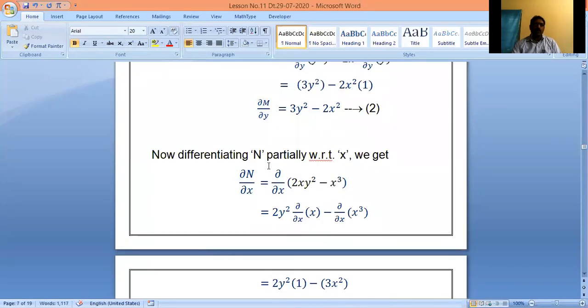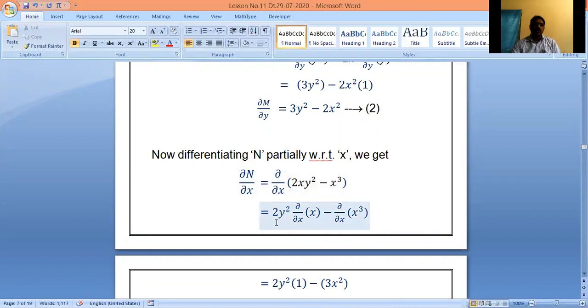Now differentiating n partially with respect to x, we get dou n by dou x is equal to dou by dou x of (2xy square minus x cube). Here, differentiating partially with respect to x, treating y as a constant, in the first term, 2y square is constant.